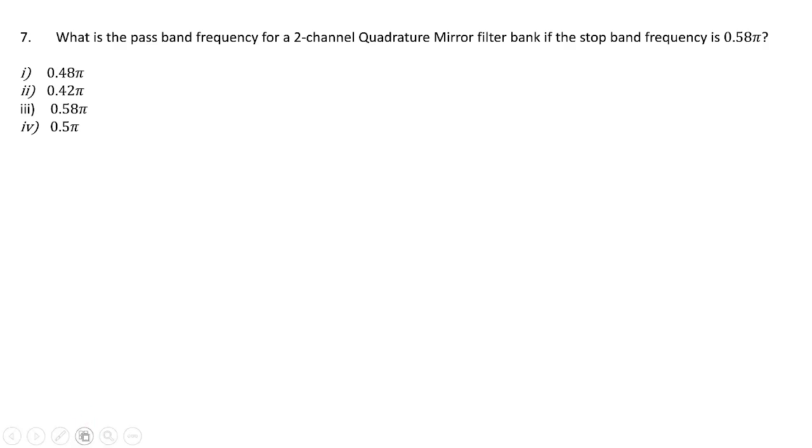This question asks what is the passband frequency of a two-channel quadrature mirror filter bank. The stop band frequency is 0.58 pi. Okay, for that we need to draw again the quadrature mirror filter pair. Let us draw it.